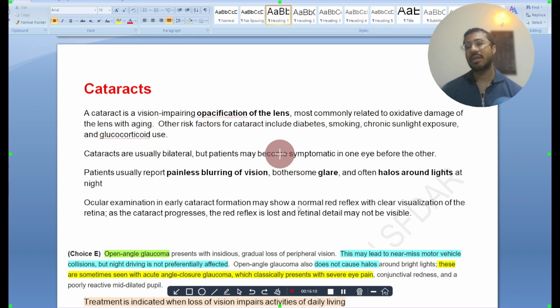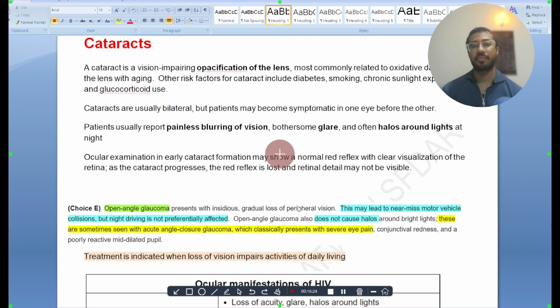But as the cataract becomes dense and mature, it completely obstructs the view, to the point that you cannot even visualize the retina and the fundus on the ophthalmoscope, and neither is the red reflex visible at that time. So most probably it was a question about cataracts, and one of the differentials was open angle glaucoma. What is the difference and how to differentiate that?